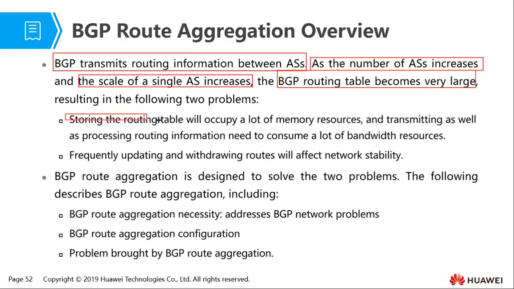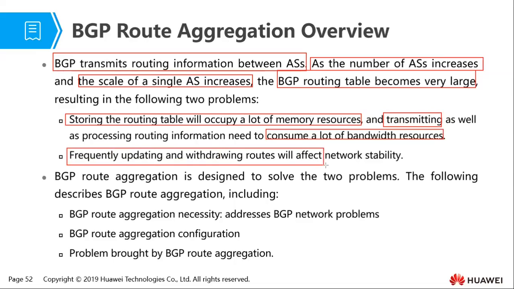Number one, storing the routing table will occupy huge memory resources. Then also, transmitting all these routes is going to consume a lot of bandwidth resources. So those are two problems, memory and bandwidth consumption.